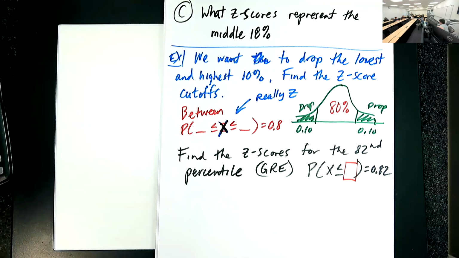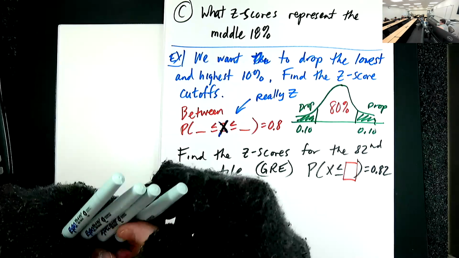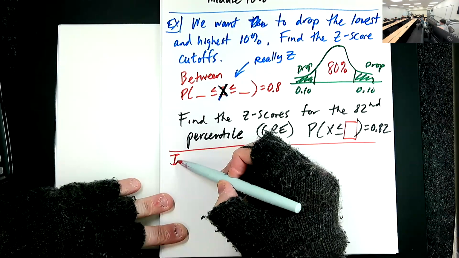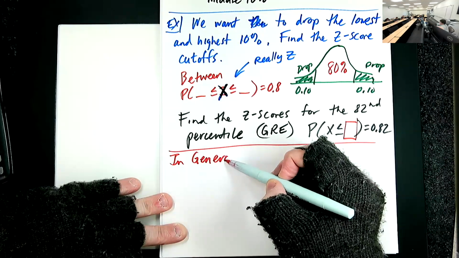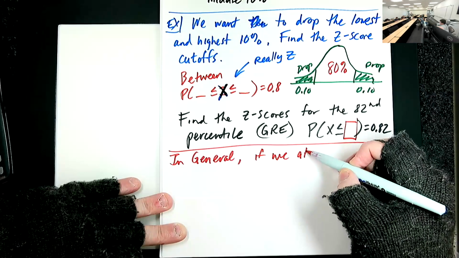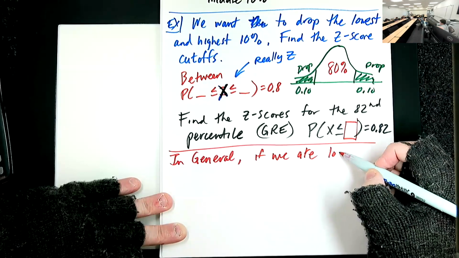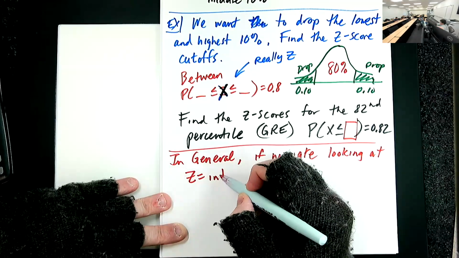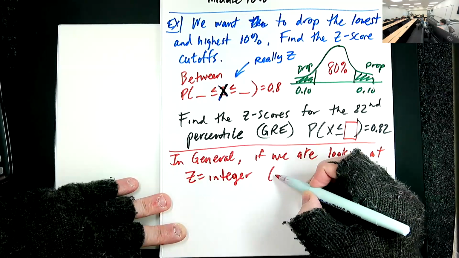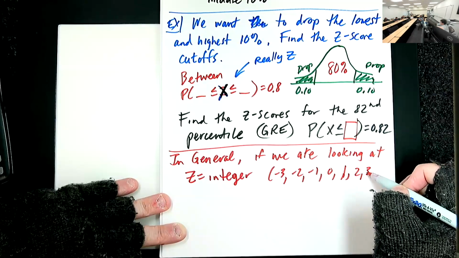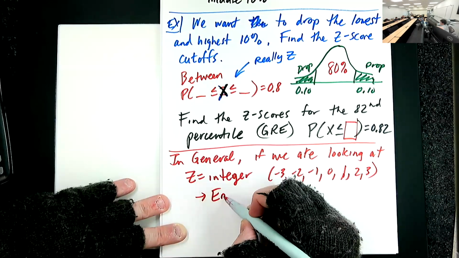Okay, so, in general, if we are looking at Z-score integers, if we are looking at Z equals an integer, like -3, -2, -1, 0, 1, 2, or 3, you want to use the empirical rule.